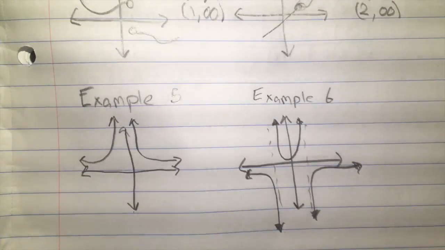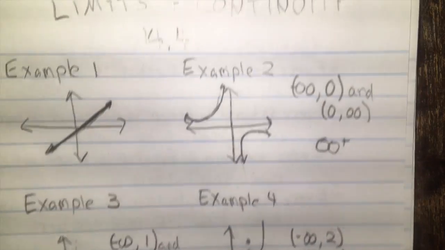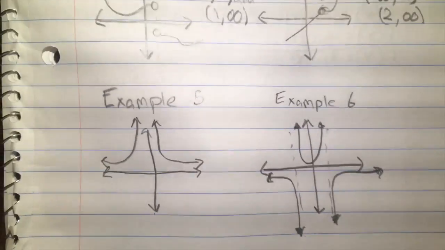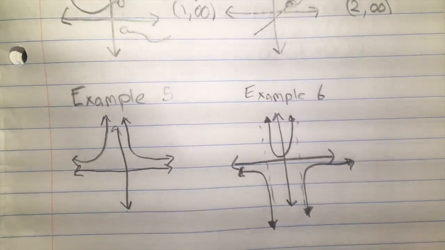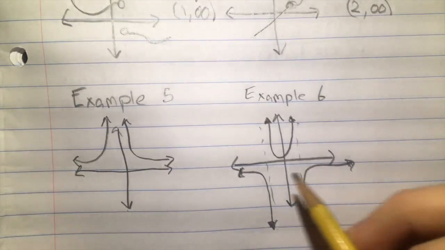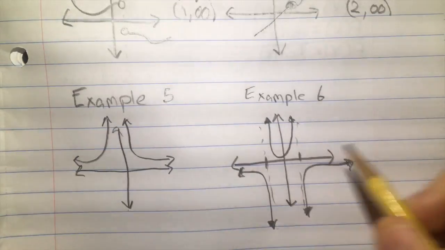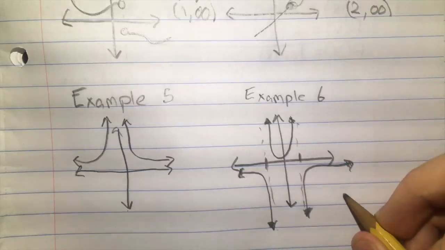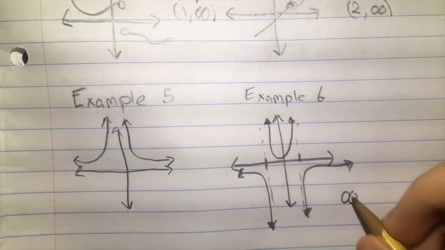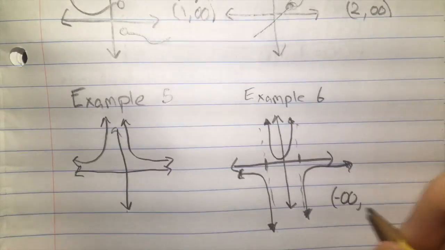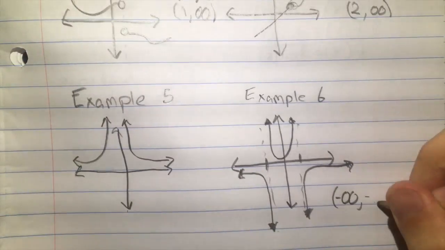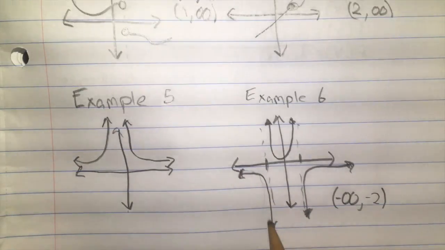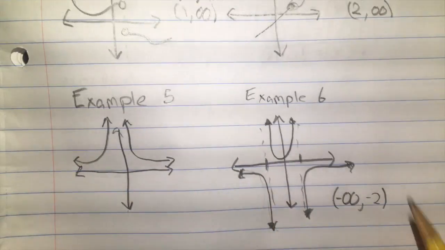Example 5 would be the exact same as example 2, and exact same range as 2. Now for example 6, we have to do a little bit more work. Say this value is negative 2, and this is 2. So it would be continuous from negative infinity to negative 2, because it's continuous all the way through there.